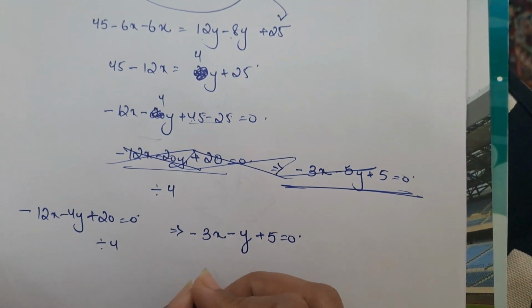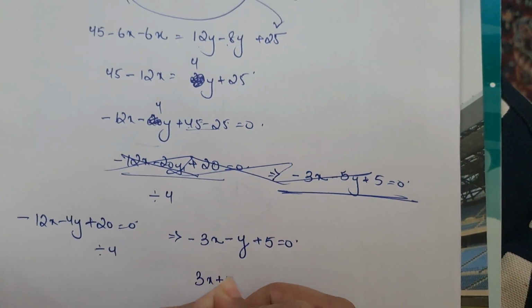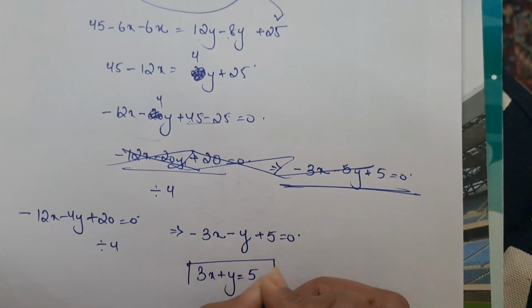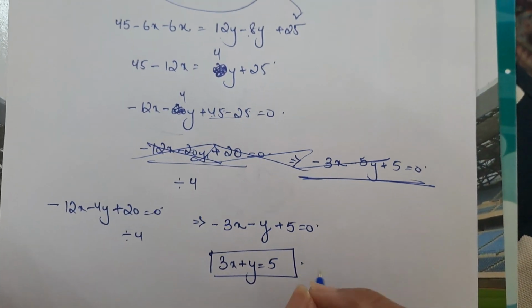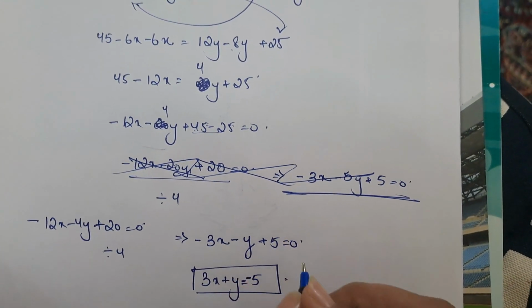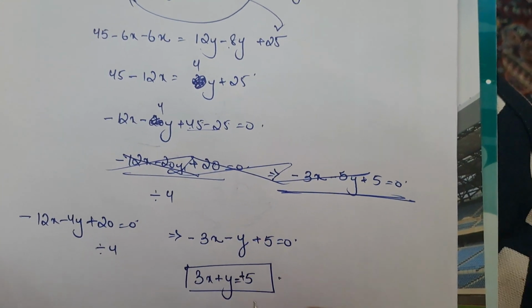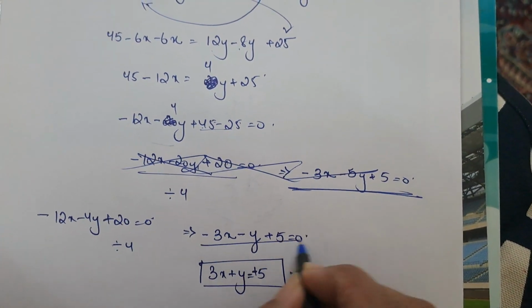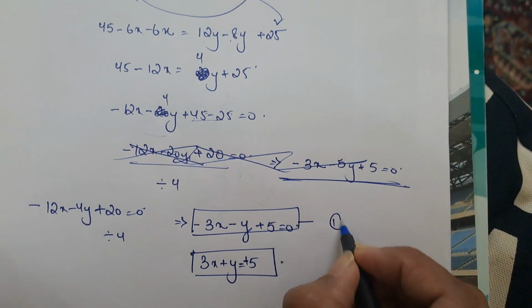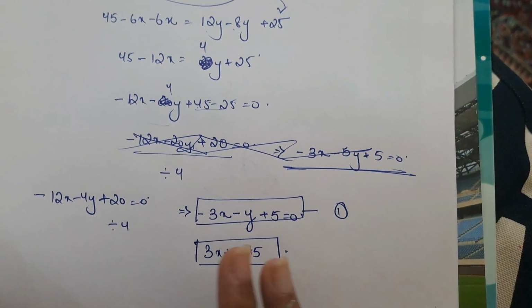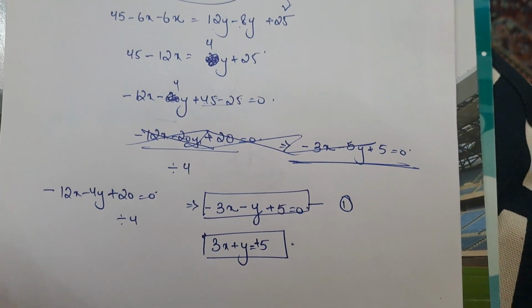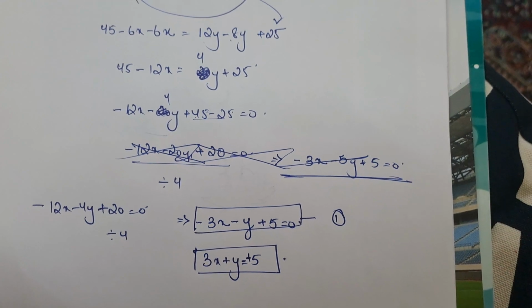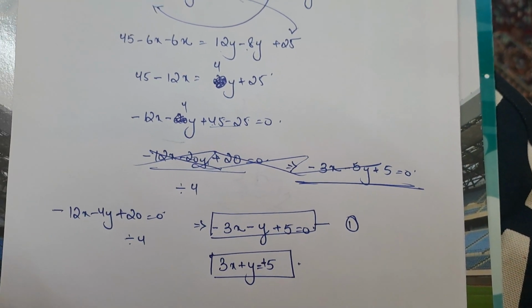Or I can write it as 3x plus y is equal to 5, positive 5 only. So 3x plus y is equal to 5 can also be the equation that you get, and this is the relationship between the 2 points that are equidistant from the point A.